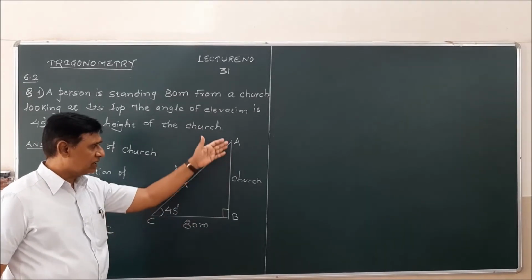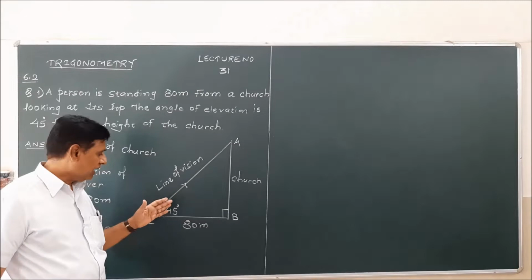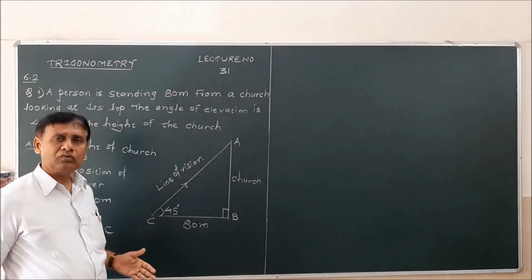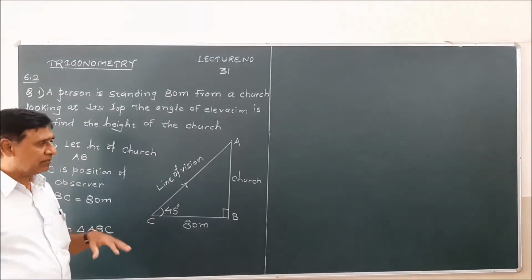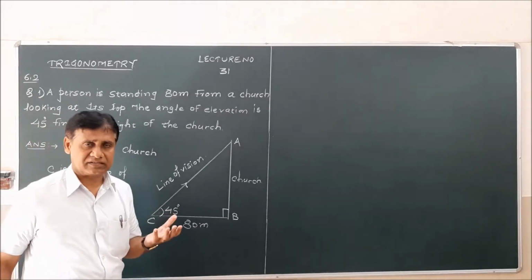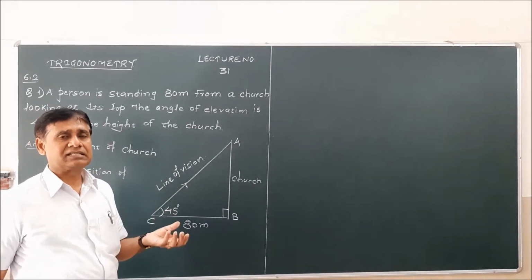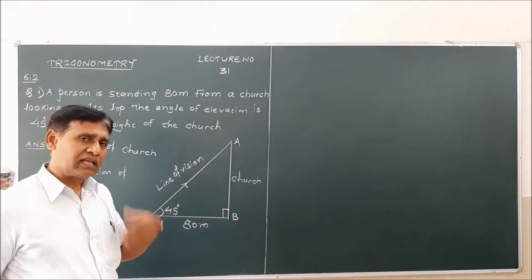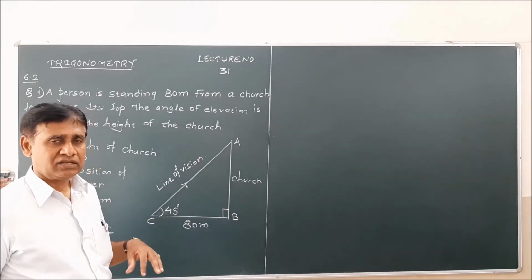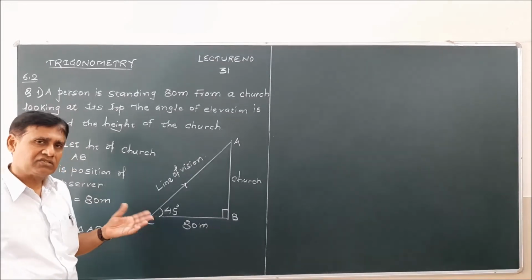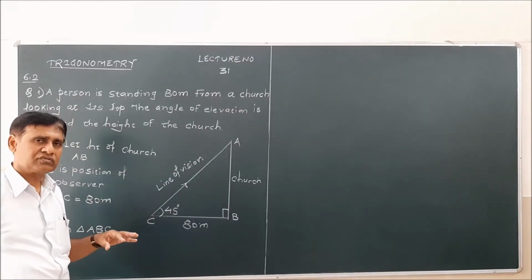What we have to find out is AB. AB is opposite to angle C. That means we have to select such trigonometric ratios in which there exists the opposite side as well as the adjacent side. So that ratio is tan as well as cot, but I will prefer to use tan.